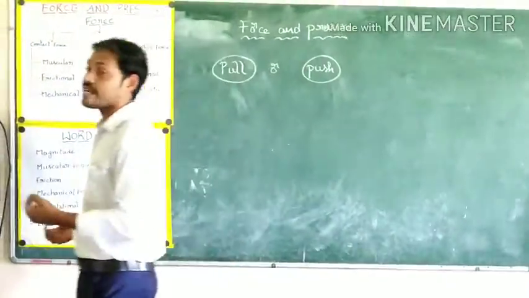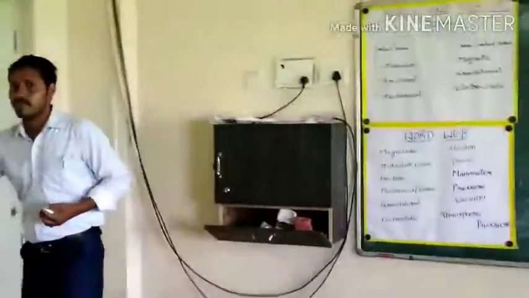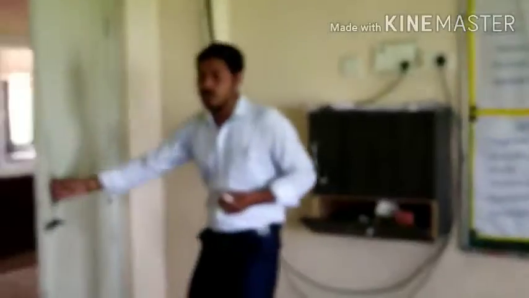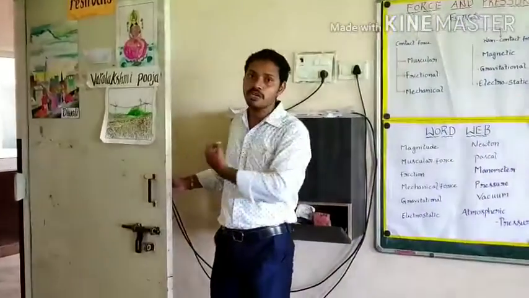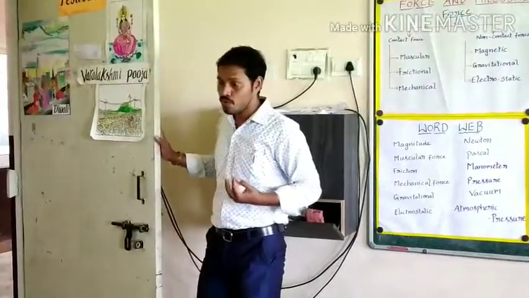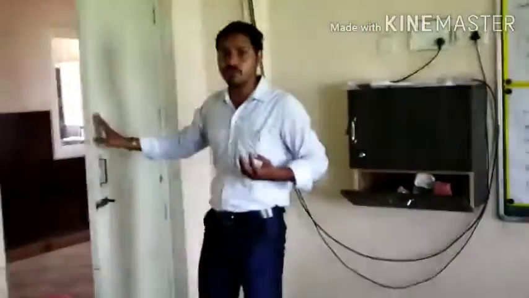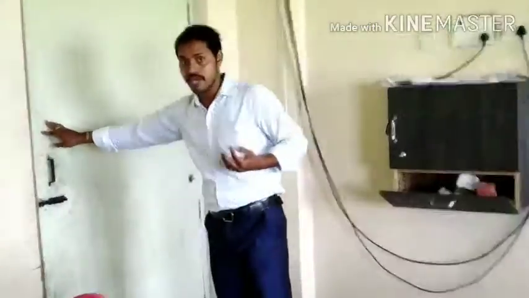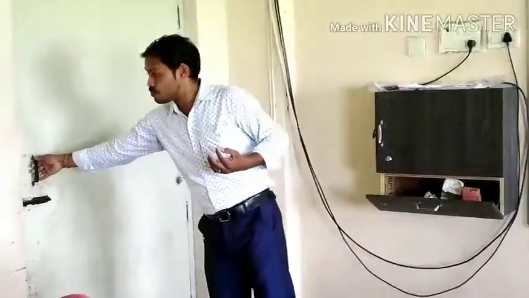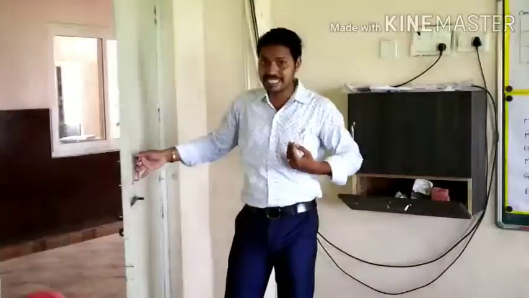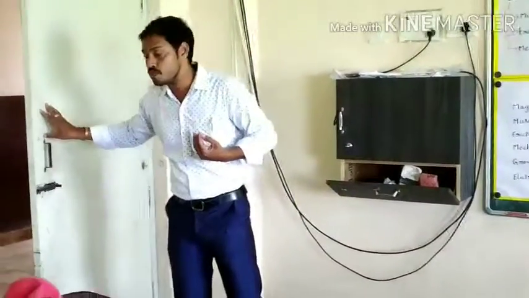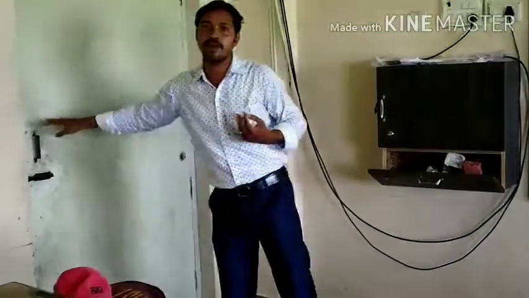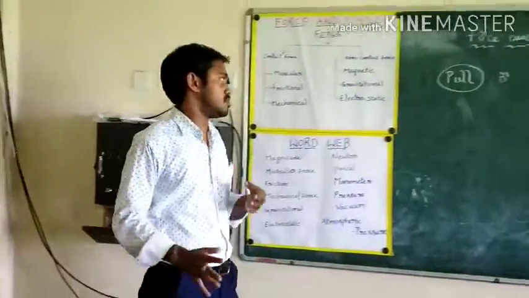See, in the classroom, to open the door, what do I have to do? I have to pull the door to open it. To close the door, I have to push the door. Pull means to move the object towards our body. What is push? To move the object away from our body is called push.